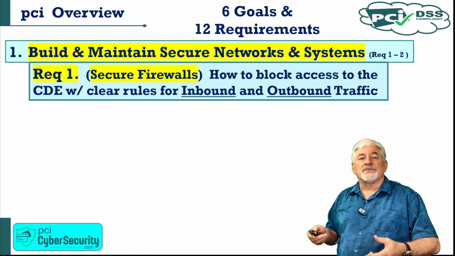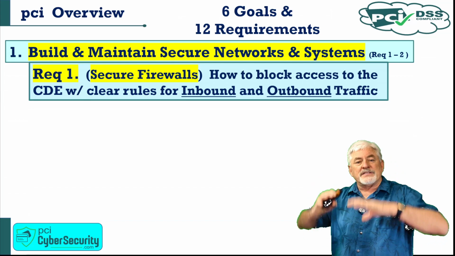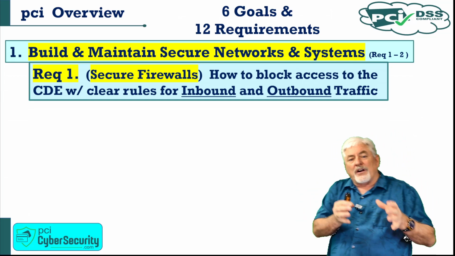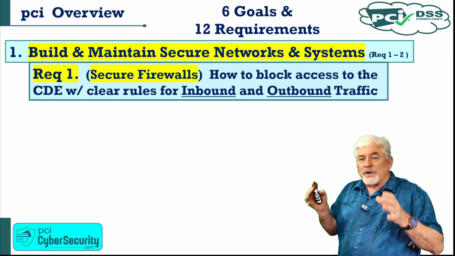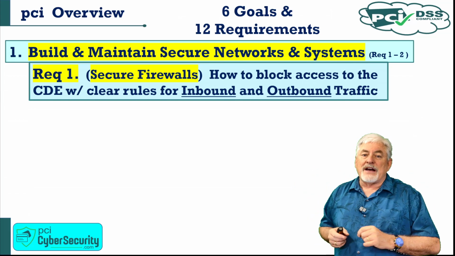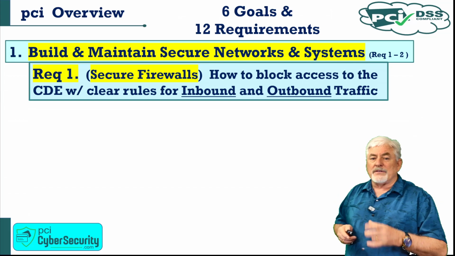The first one deals with having secure firewalls. So if you're trying to memorize some of this, first one is secure firewalls. How to block access from the cardholder data environment with clear rules for both inbound and outbound traffic. I'm going to hit that one a number of times in here, and I think that's a very important thing to remember.